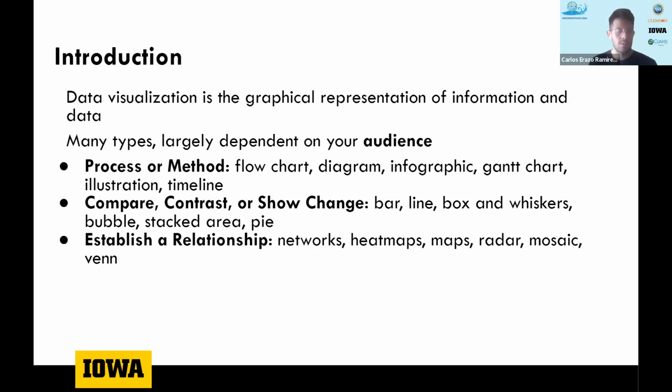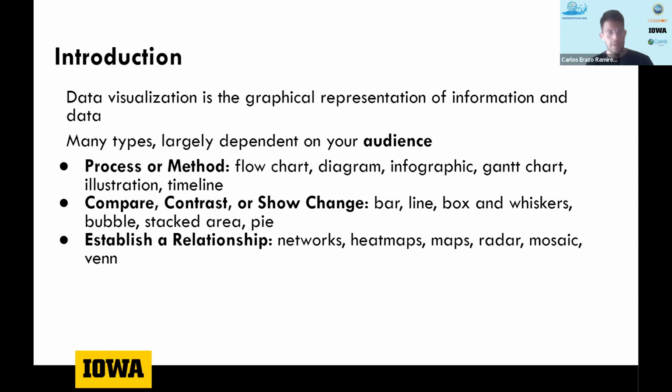You can show this. If you want to compare, contrast, and show change, well, the usuals: bars, lines, box and whiskers, a bubble chart, a stacked area, a pie chart. All of them can be utilized for all these contrasts of showcasing data that is either similar or dissimilar in different ways.